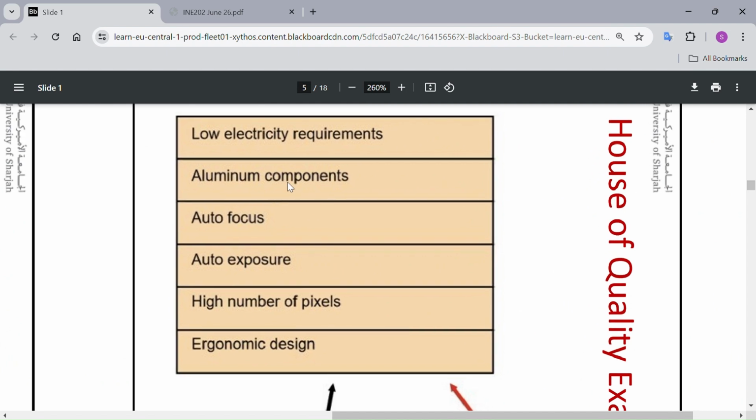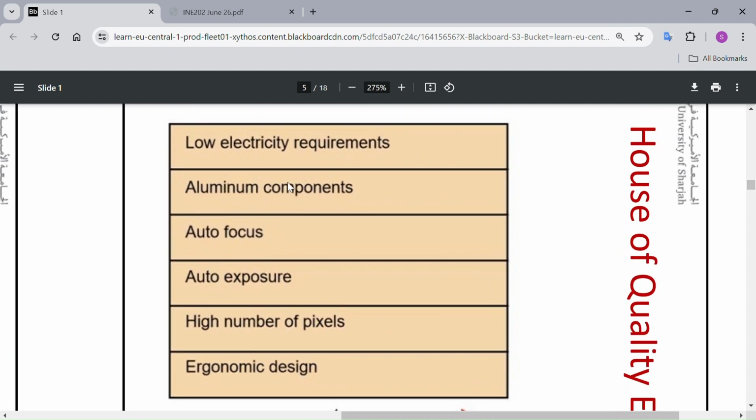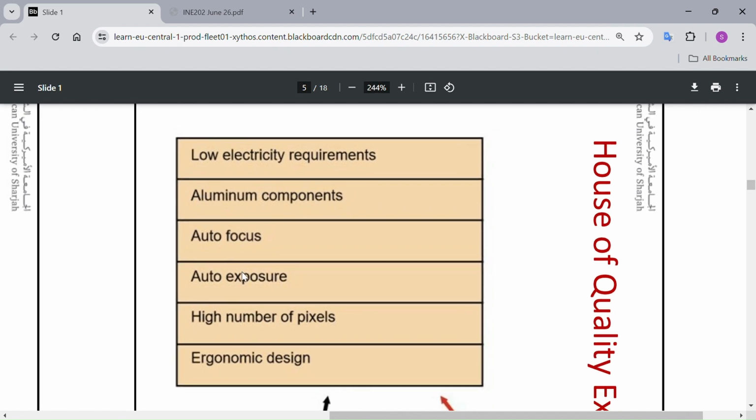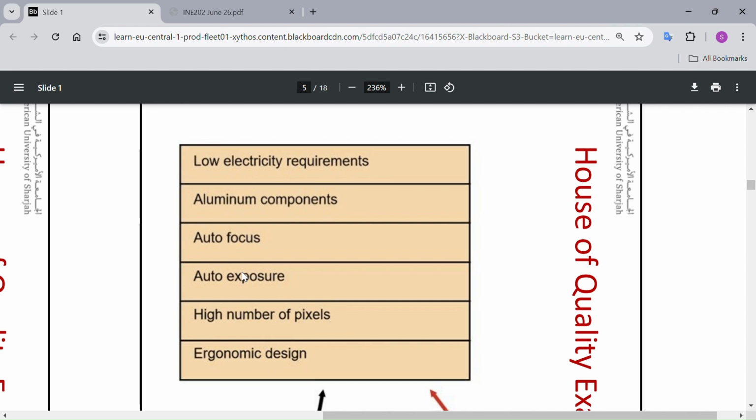These requirements are developed by engineers based on the responses of the customers. So these include the electricity requirements, aluminum components, autofocus, auto exposure, high number of pixels, and ergonomic design.